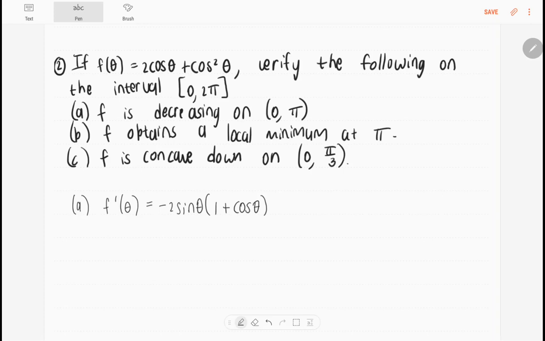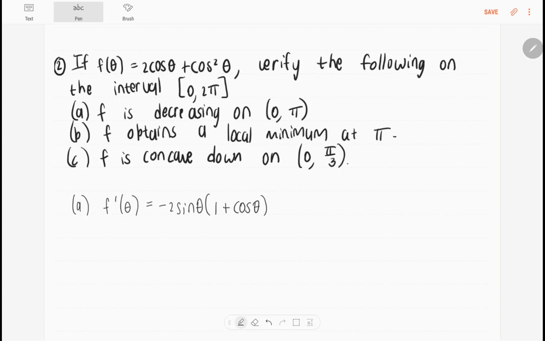So what we want to do is we want to find where this derivative is positive and where it is negative. Where it is negative, we know that it is decreasing. Where it's positive, we know that it is increasing.